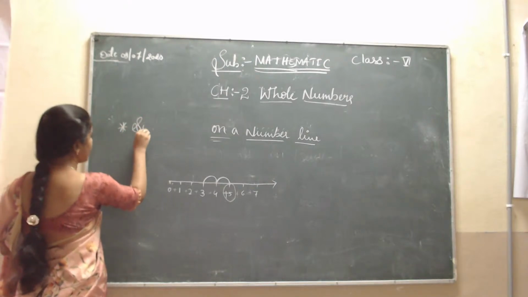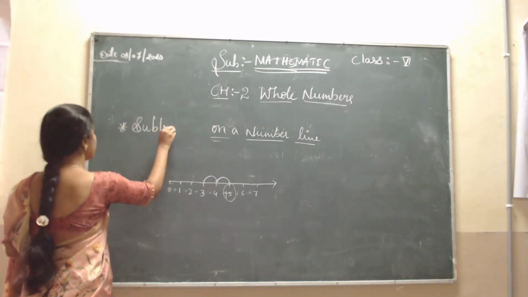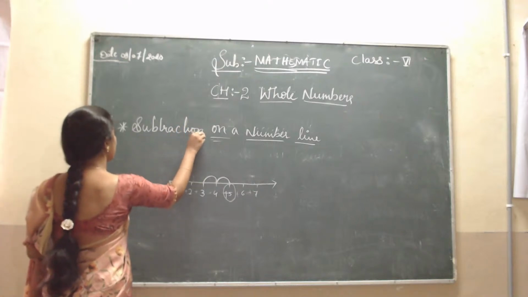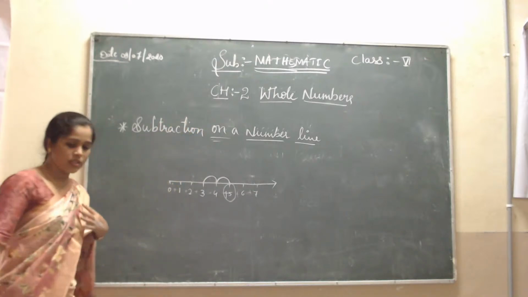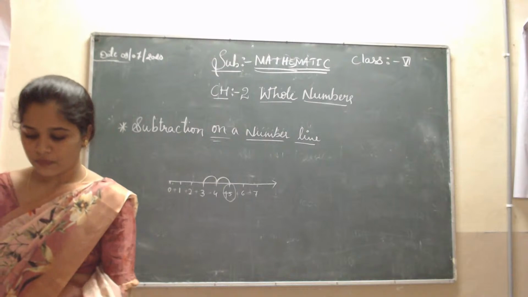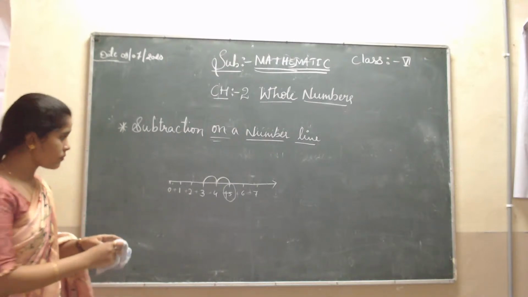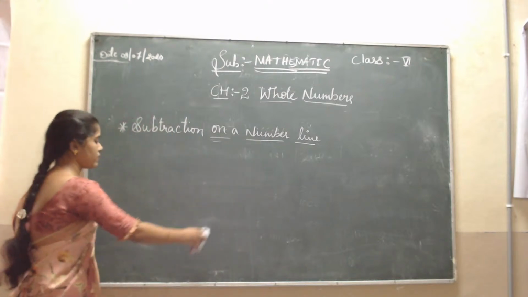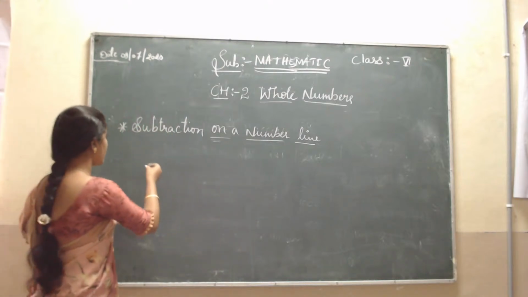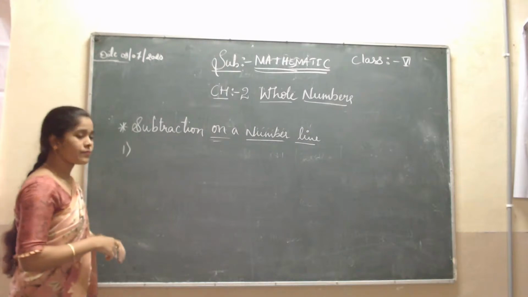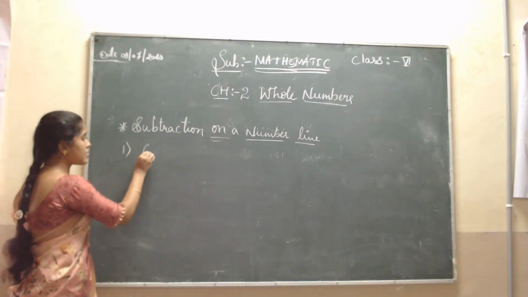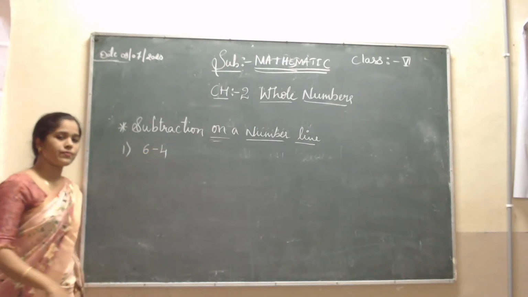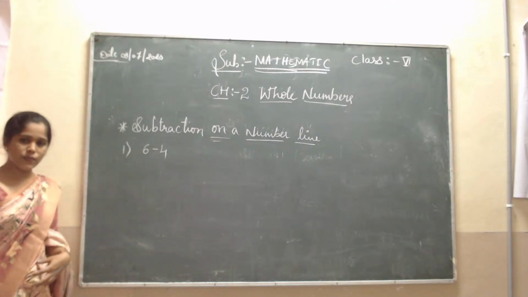Subtraction on the number line. Take one example. 6 minus 4.